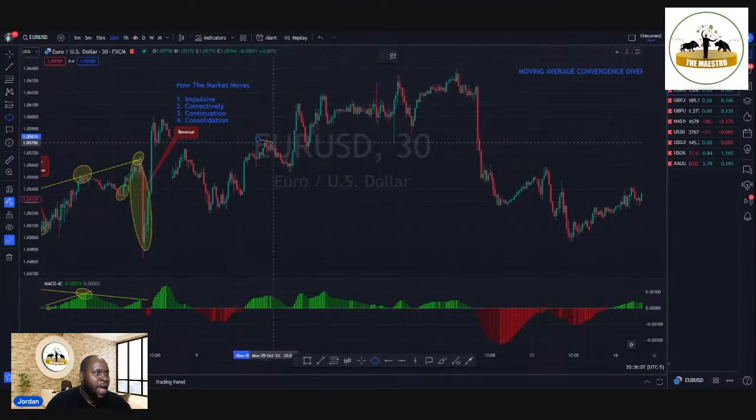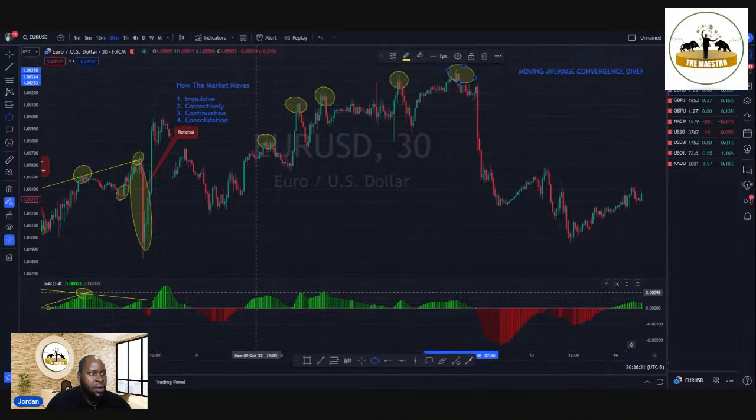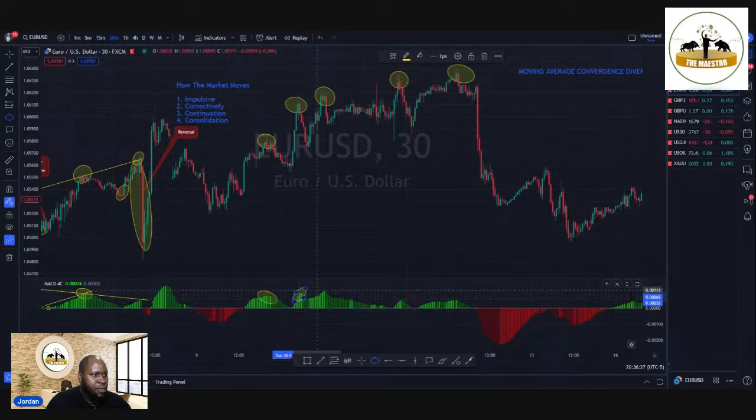All right, we have a high over here, over here, over here, over here. These are after all of the retests over here. Okay, on the MACD, let's follow along. We have a high over here, over here, over here, over here, and over here.